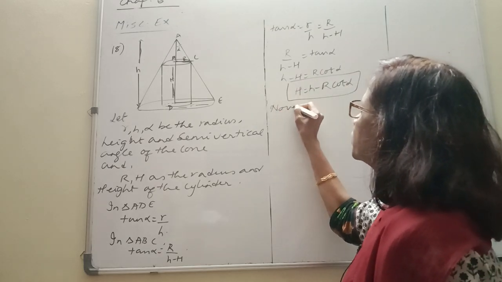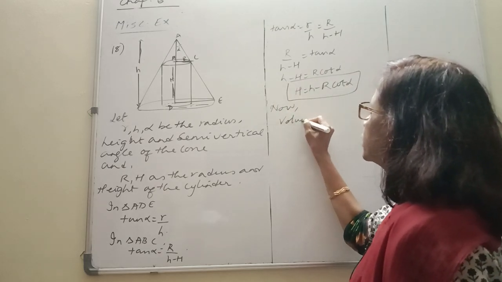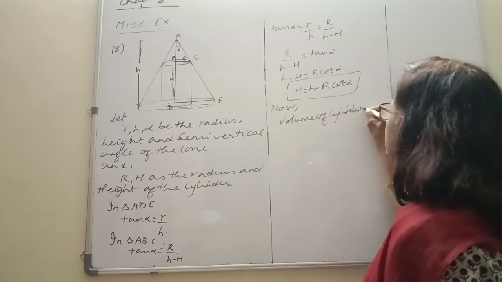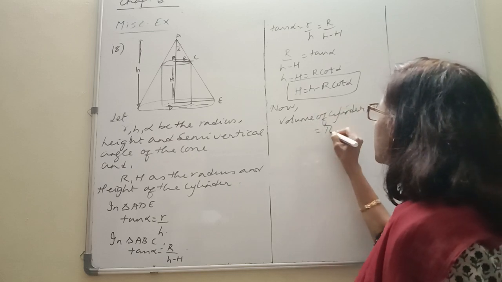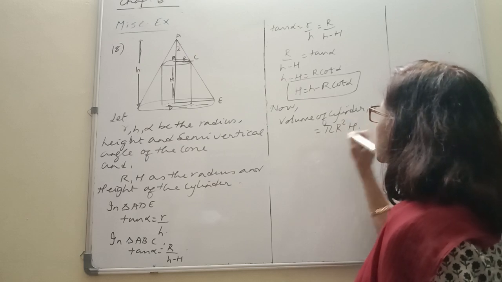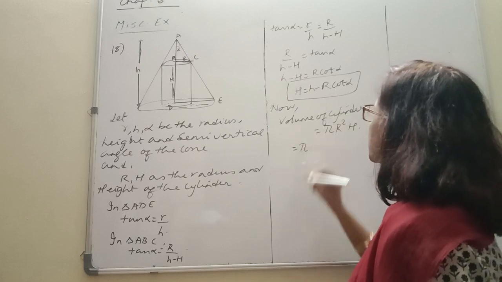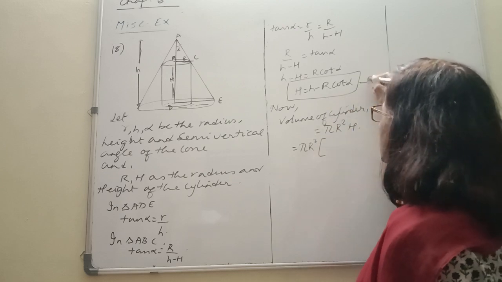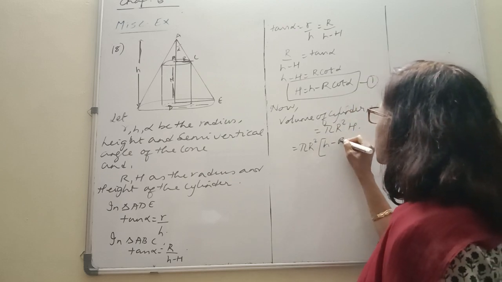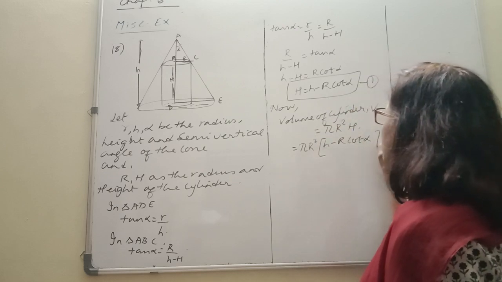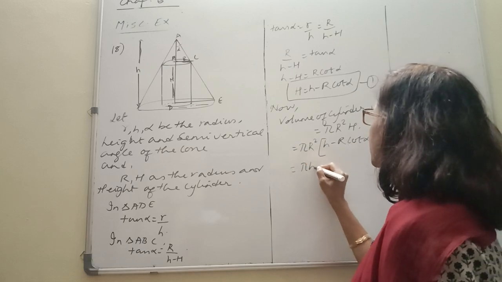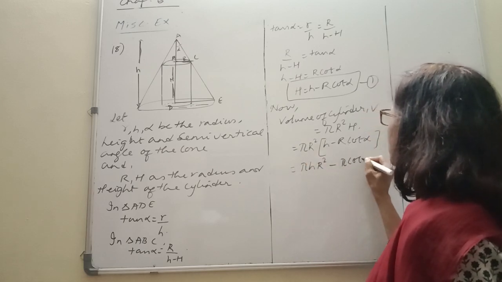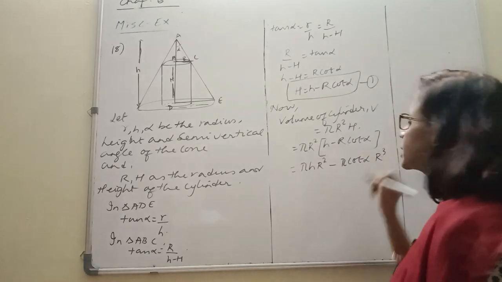Now let's look at the volume of the cylinder. Let's call it V, and that is going to be pi r squared h. Here we are planning to keep r as a variable and substitute h, because you've got h over here, H minus R cot alpha. So that's going to be pi H r squared first one, and pi cot alpha r cube second one.